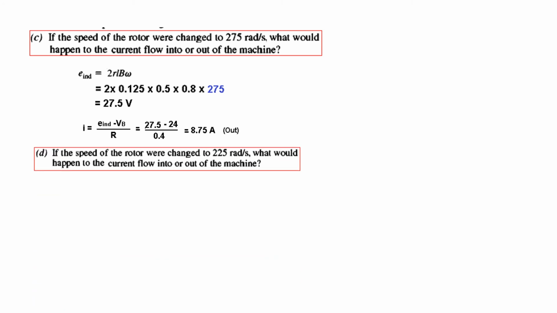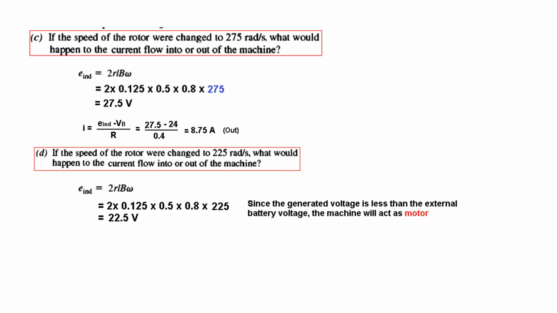And the last question is, if the speed of the rotor is changed to 225, what would happen to the current flowing? So we just find E induced. E induced for 225 will be 22.5 volt. And since the generated voltage is less than the external battery voltage, the machine will now act as a motor, because the battery is 24, inside is 22.5, so the battery will be feeding.